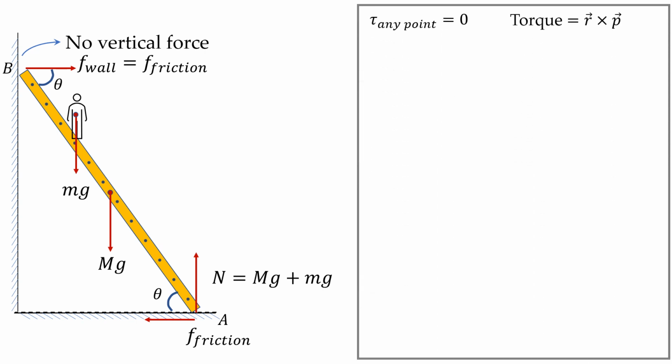We choose that point cleverly as point A to calculate the torque. This is because it will remove the contribution of the normal and friction force, because the distance is zero.